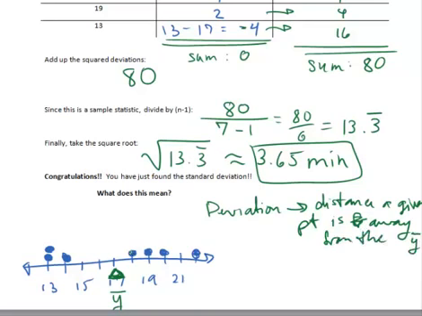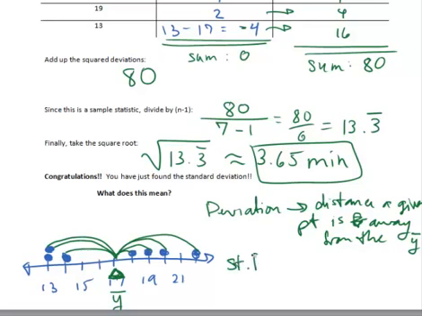So the deviation of this point is 1 unit. He's 1 unit away. The deviation of this point is 2 units. This one is 3 units away. This one is 4 units away. This one is 3 units away. This one is 4 units away, and this one's another 4 units away. So each one of those lines is a deviation.